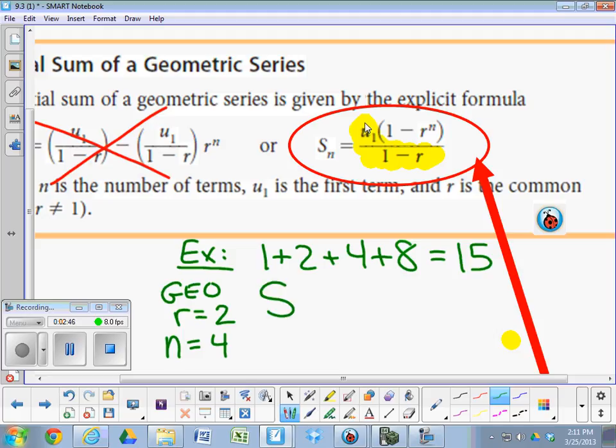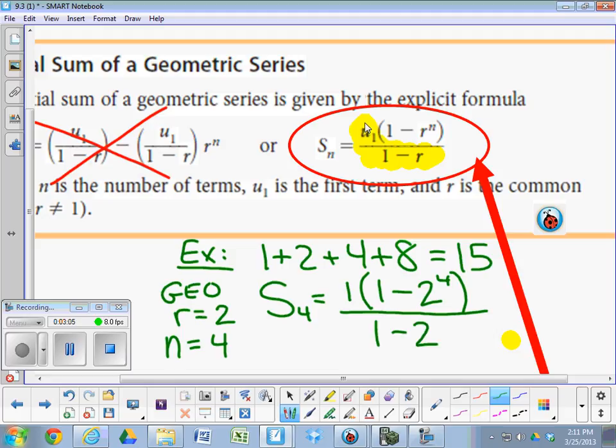The sum of these 4 terms is u1 times 1 minus r to the n, 2 to the 4th, all over 1 minus 2.